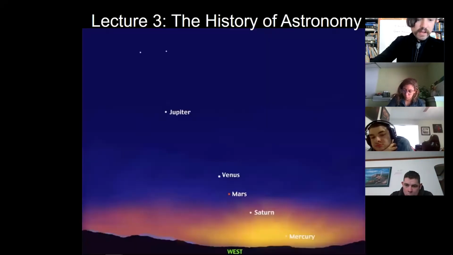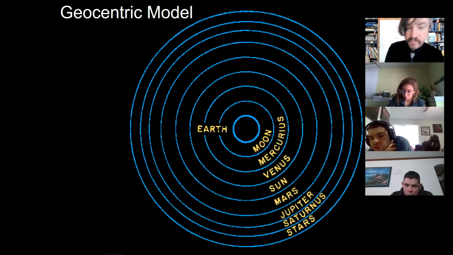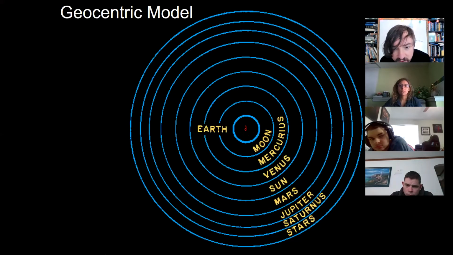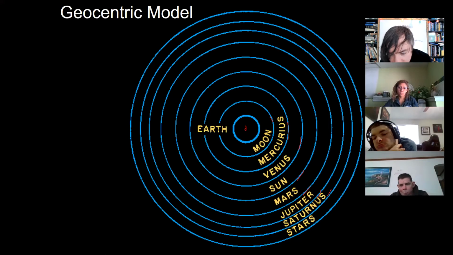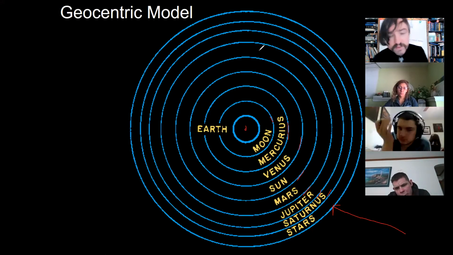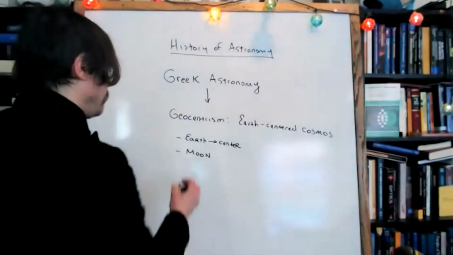Notice not what's wrong about this, but what they got right. Earth is at the center, followed by the orbit of the moon, then the orbit of Mercury, Venus, then comes the sun, Mars, Jupiter, Saturn, and then the stars were stuck to a crystalline sphere which rotated at the very edge of the cosmos.